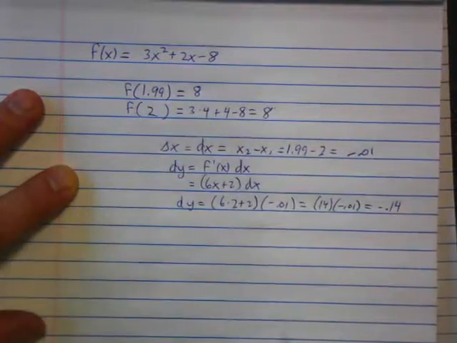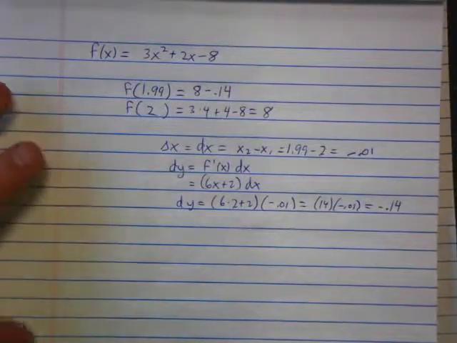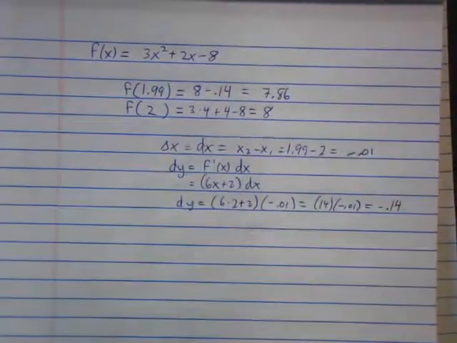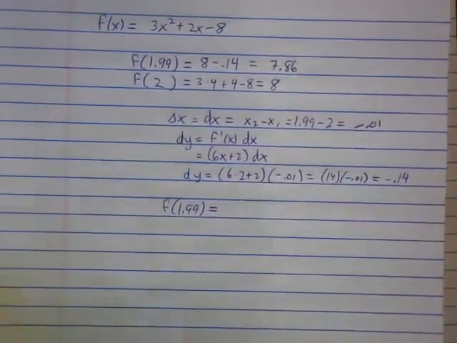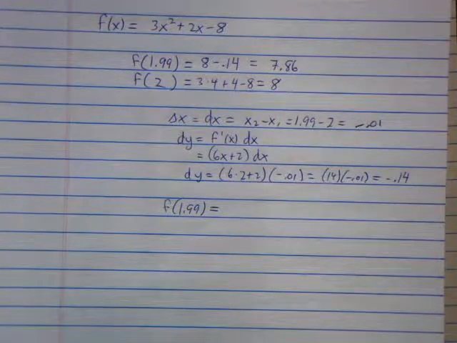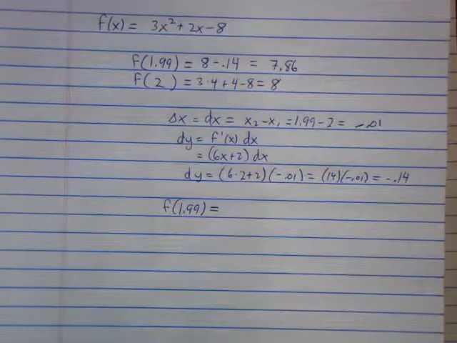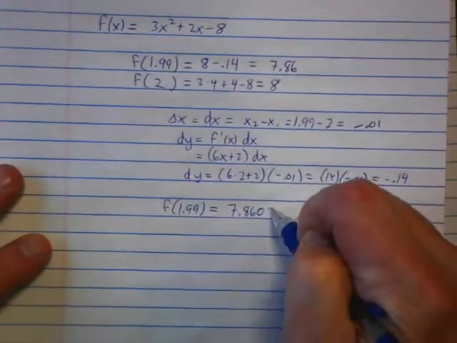So f at 1.99 is approximately 8 minus 0.14, which is 7.86. And again, just out of curiosity, when you grab your calculator and you exactly plug in 1.99, plug it in up here, what do you get? 7.8603.